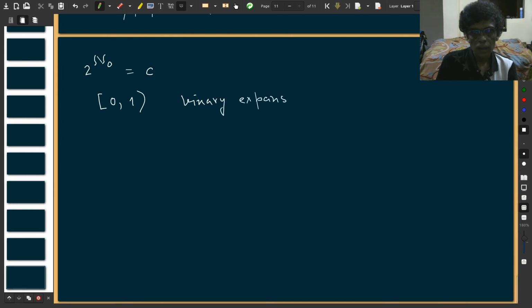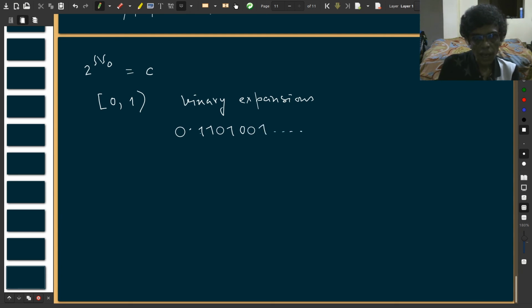Okay. So, every proper fraction has some expansion of that form 0, 1, 1, 0, 1, 0, 0, 1, something like that. Okay. And so, there are 2 possibilities here, 2 possibilities here, 2 possibilities here, but you will eventually get all the elements here. So, 2 power Aleph naught is C.